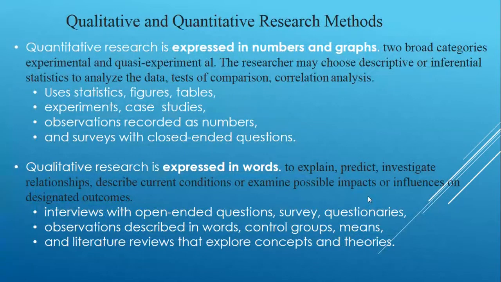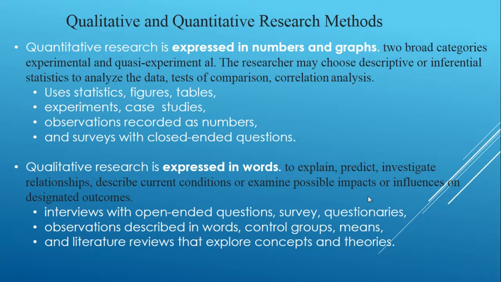In research writing, we have two sorts of writing: qualitative and quantitative research methods. Your quantitative, like cantidad, research method is expressed in numbers and graphs. You have two broad categories, which are experimental and quasi-experimental.